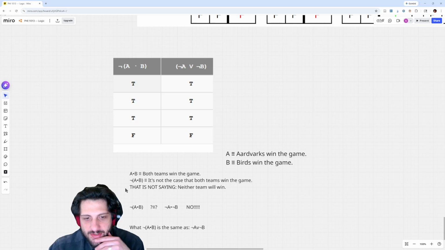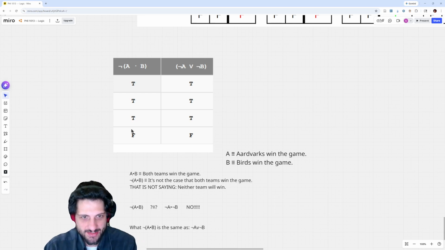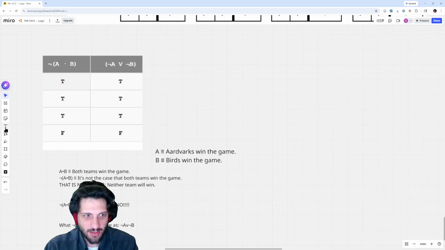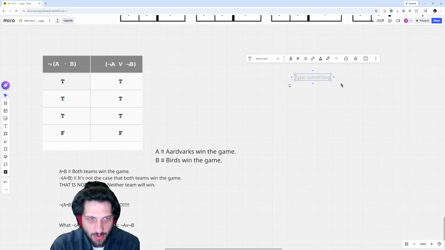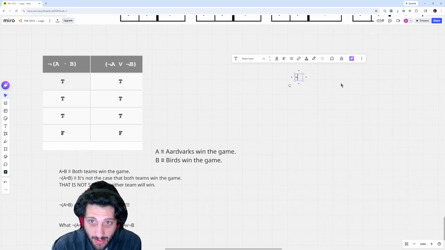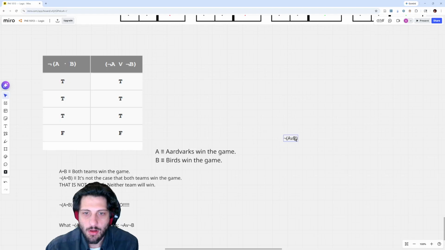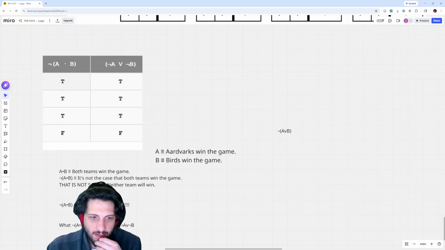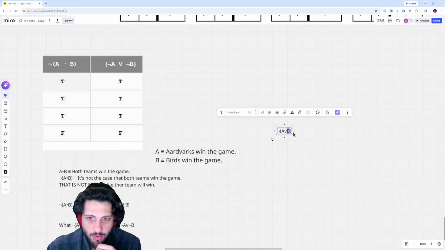And then notice we can ask the same sorts of questions with a similar set of statements. We can ask, okay, what about not (A or B) like this? Here I'm saying it's not the case that either the aardvarks or the birds will win.